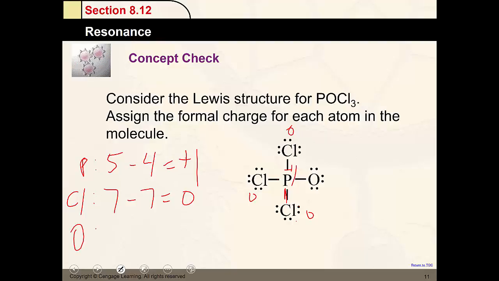And then finally for oxygen here, we know it has on its own 6 valence electrons, and here there's 3 lone pairs, so 6 electrons, 1 in the bond, so 7 altogether, so that means it has a formal charge of -1, and you'll notice adding all these up has an overall formal charge of 0. And this structure is correct since it places a negative formal charge on a more electronegative atom like oxygen.